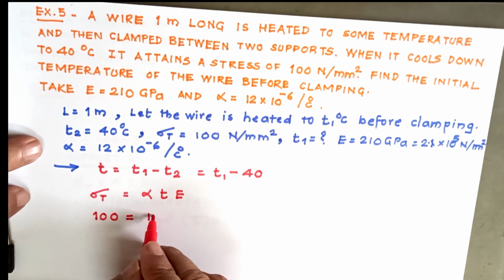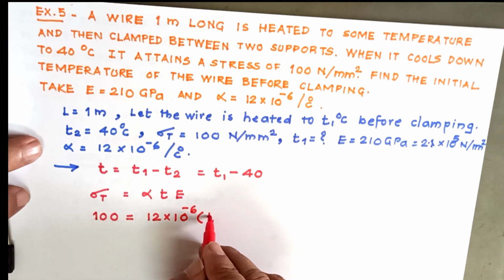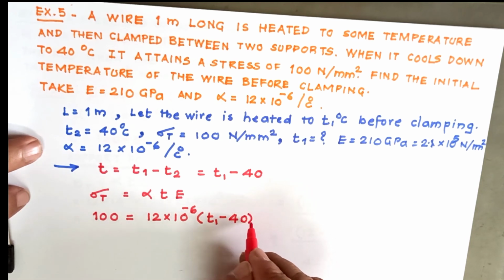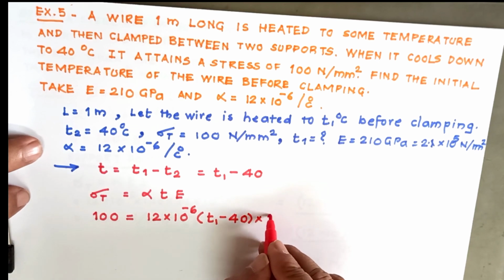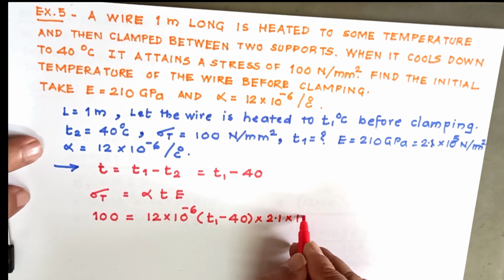Alpha is 12 into 10 to the power minus 6 per degree Celsius. T here we will write as T1 minus 40, and E is 2.1 into 10 raised to 5.